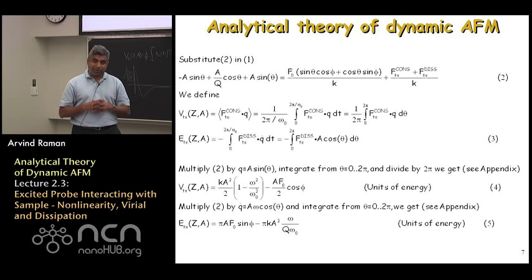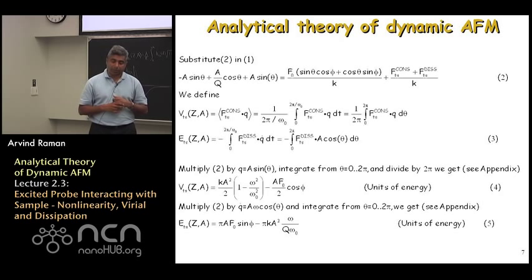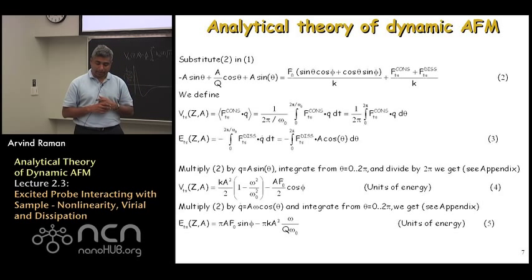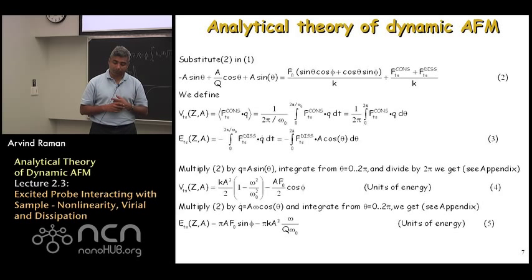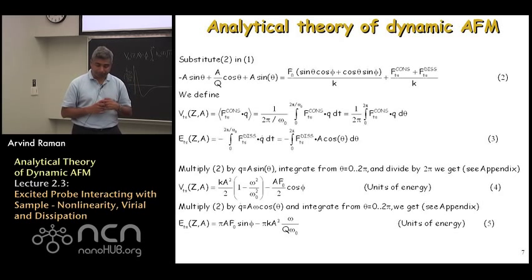Once we define these two quantities, we can go to the equation shown on the top of the slide and multiply through by sine theta and divide by 2 pi, and we get a very nice expression for the virial V sub ts, shown in the lower equation. If we take the same equation and multiply it by cosine theta, integrate from 0 to 2 pi, we get a simple expression for E sub ts, which is the energy dissipation.